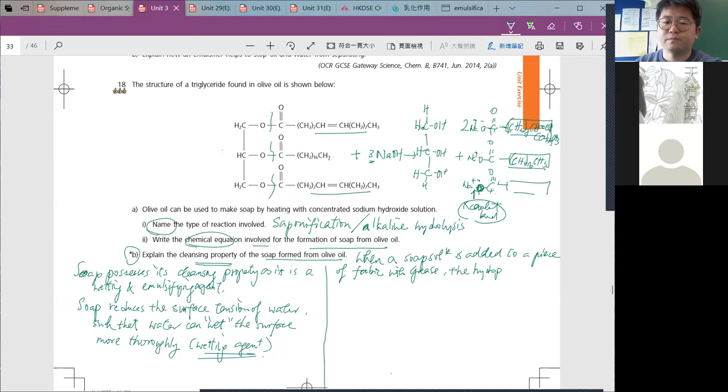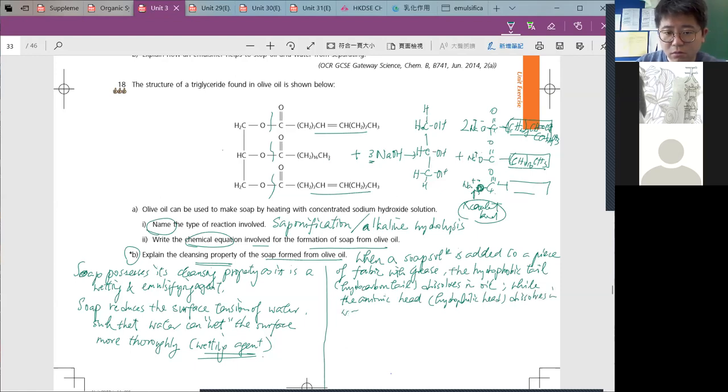The hydrophobic tail, you know, it is in the form of hydrocarbon, dissolved in oil, while the anionic head is hydrophilic, dissolved in water. Point 1. Point 2.